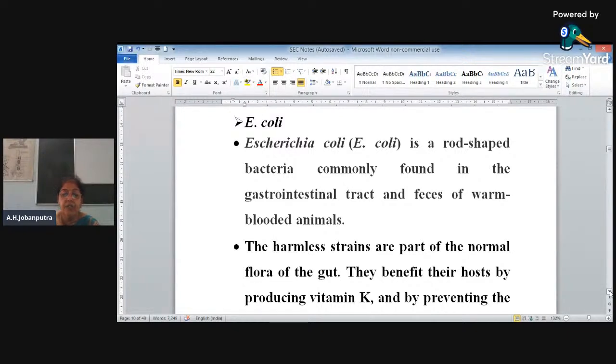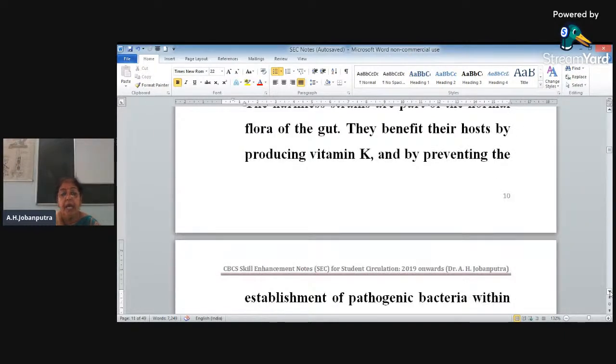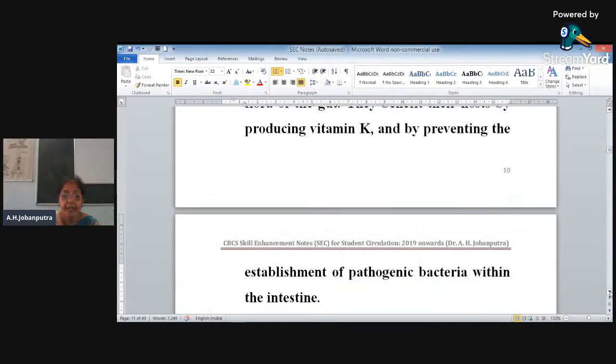The harmless strains are the part of the normal flora of the intestine or gut. So, E. coli is the normal flora of your intestine. It is always present in your intestine. They provide vitamin K to us, and they also prevent other pathogenic organisms to survive in the intestine.